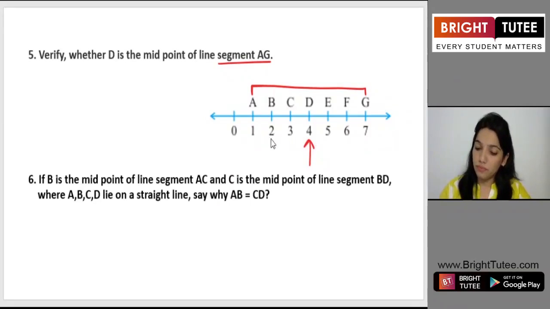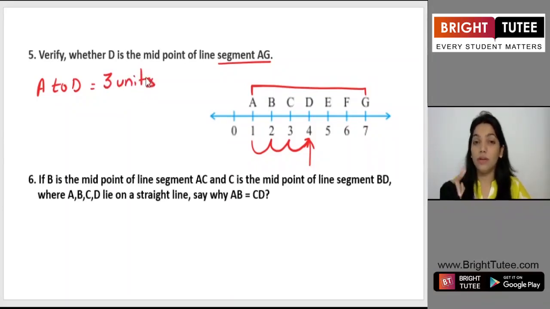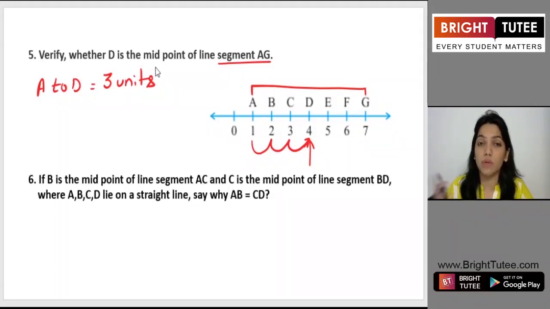So now look here, if we start from A, it is 1, 2 and 3. So we see from A to point D, we have 3 units. What is the length? Look here very carefully. I haven't written centimeters or millimeters. We are not given whether it is in centimeter or millimeter or meter, whatever. So instead of writing anything, we just write units.